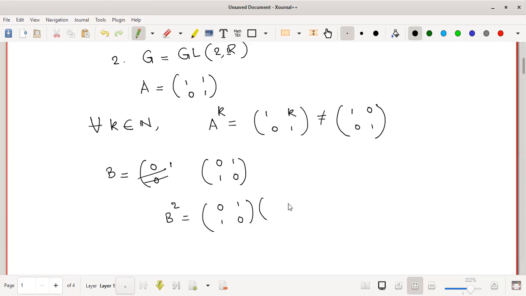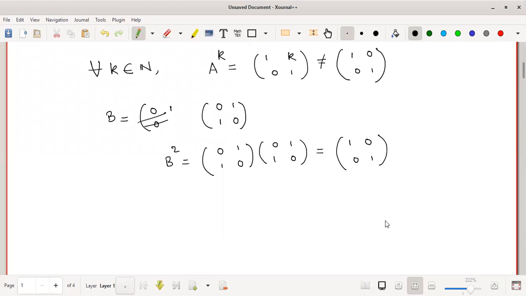B square is 0, 1, 1, 0 times 0, 1, 1, 0, equal to 1, 0, 0, 1. So identity, right? And 2 is the least natural number for which B square is identity, and therefore I can say the order of B is 2. The order of an element is denoted by O of that element.